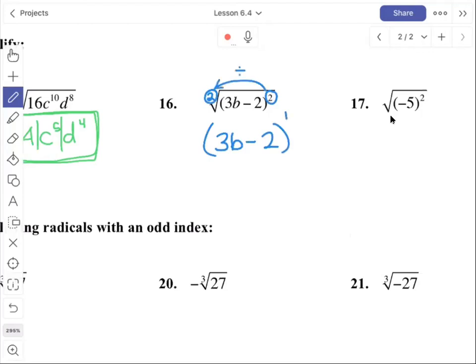And then the question though is, you have variables. Do you need absolute value? I don't think so. Okay, well, let's check. Is the index even? Yes. Do I start with an even exponent? Yes. Do I end up with an odd exponent?